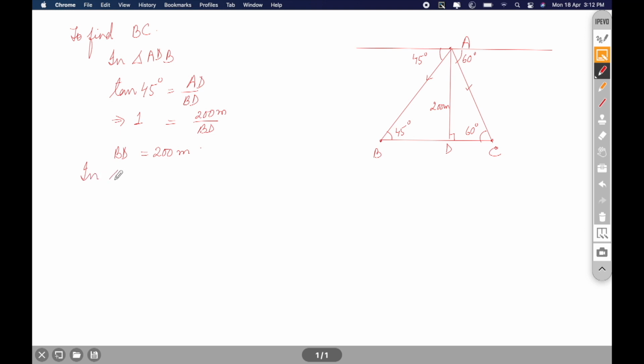Next, in triangle ADC, we have tan 60 degree equals AD by DC. Tan 60 degree is root 3, AD is 200 meters, and we don't know what is DC. We will evaluate now. So DC is 200 by root 3 meters, which can be written as 200 root 3 by 3.